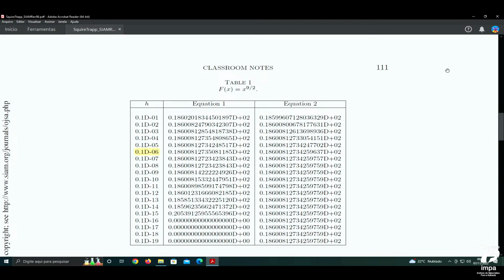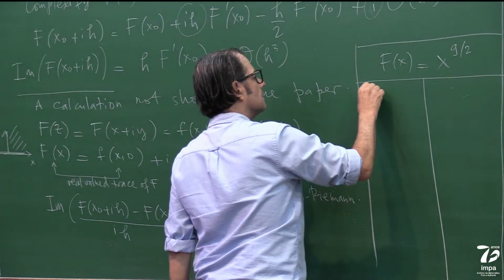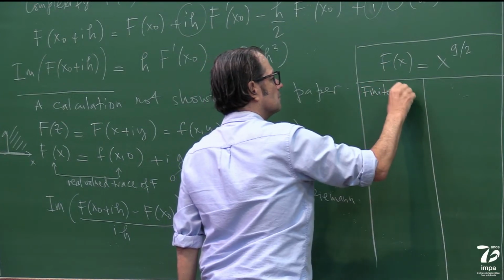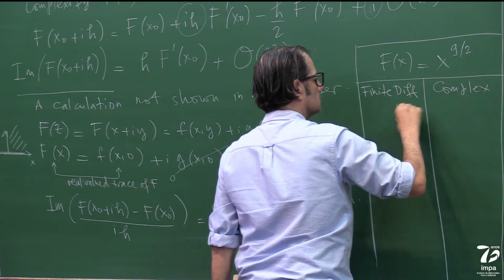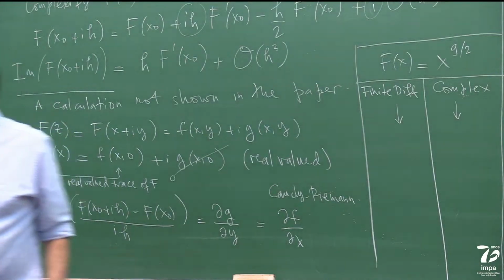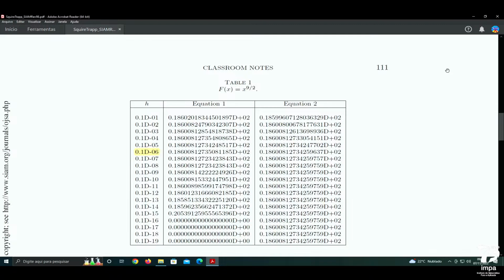What they're doing here, this is the finite difference, and this is the complex method. With the finite difference, as the step size gets smaller and smaller, when it gets down to already 10 to the minus 14 or 15, the solution goes bad, and then you see nothing.